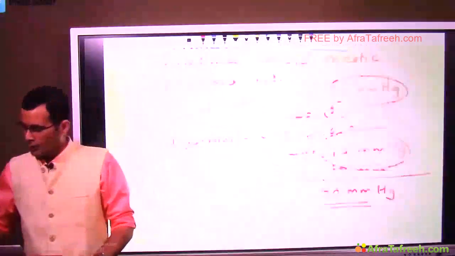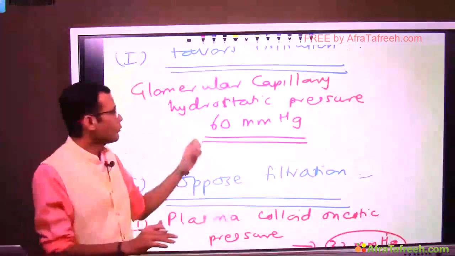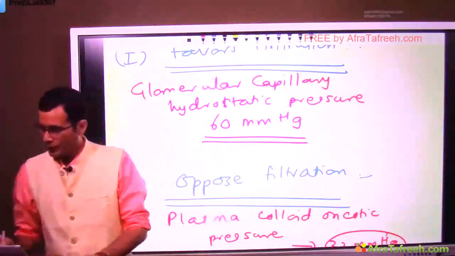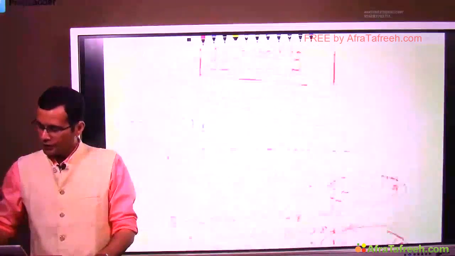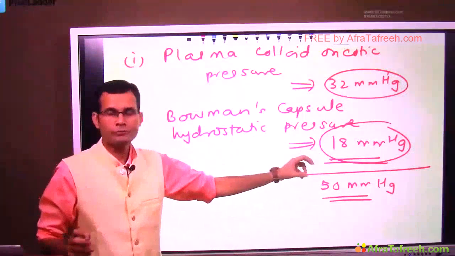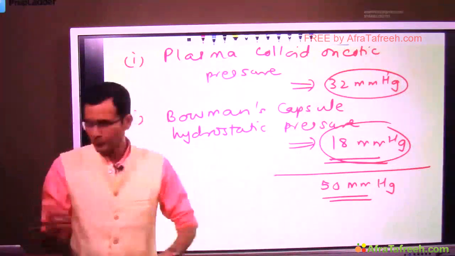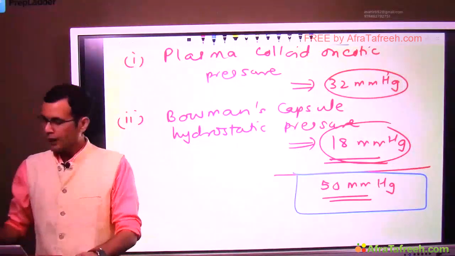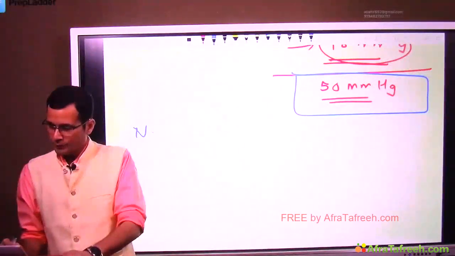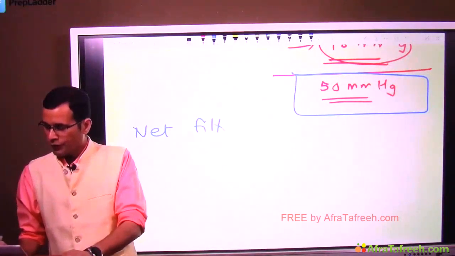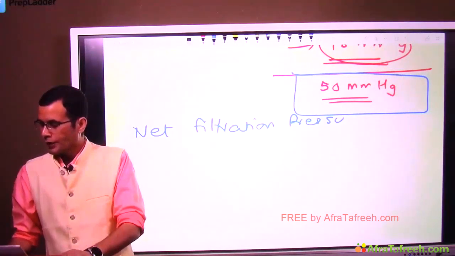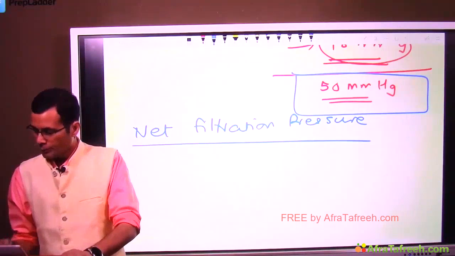Right. Now coming to this, there is one factor that favors the filtration, and that is 60 mm of Hg, and there are 2 factors put together which oppose the filtration. If they are put together, it's 50 mm of Hg. So there is something called net filtration pressure, also called effective filtration pressure.